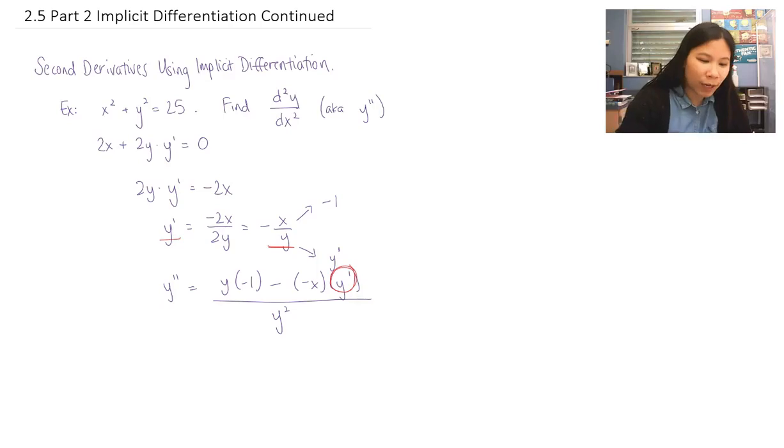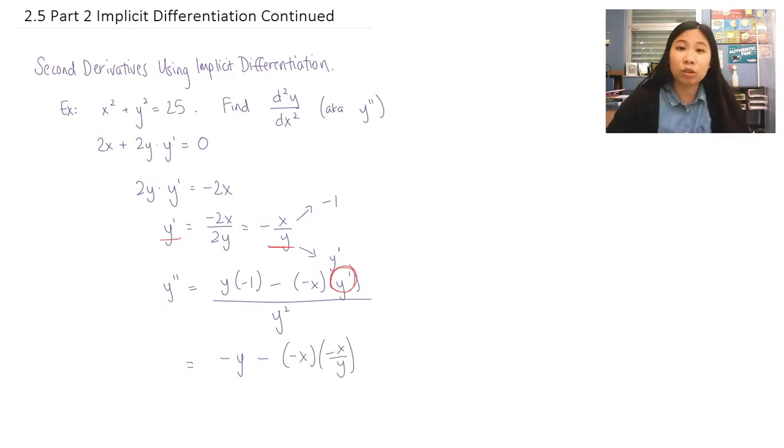When I simplify here, it's a little bit easier, because y times negative 1 is just negative y, minus negative x times negative x over y. Substituting in the y prime makes it slightly easier to deal with.